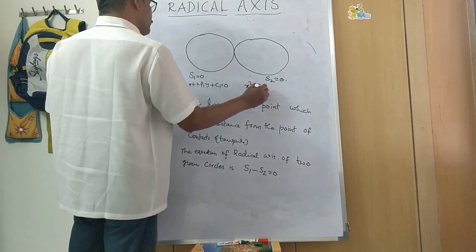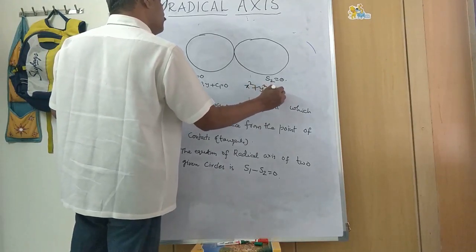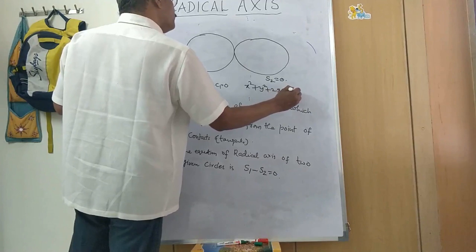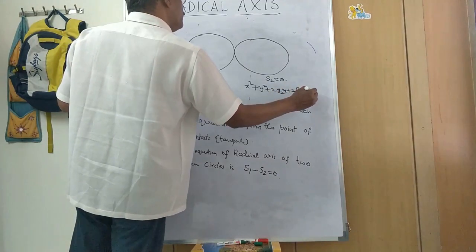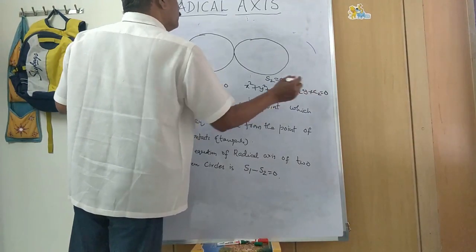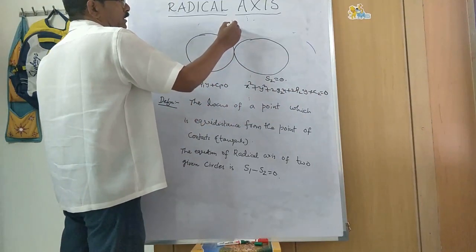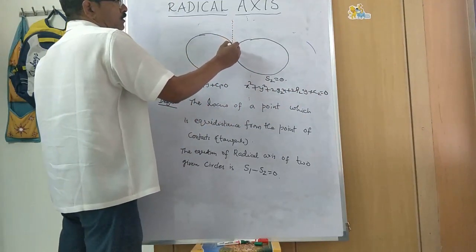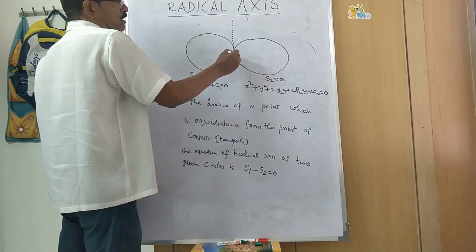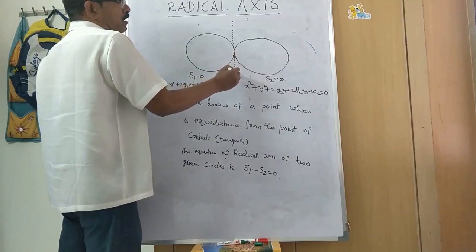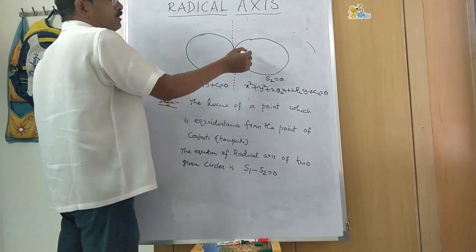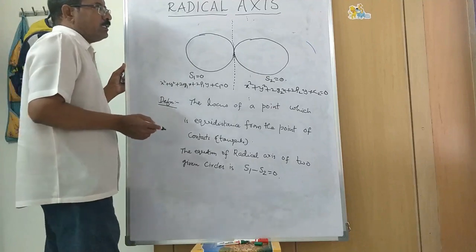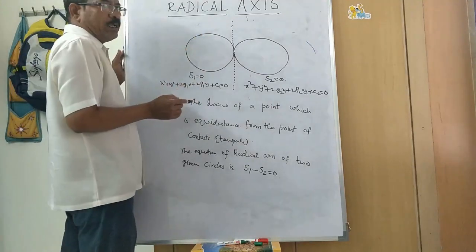And this one is x square plus y square plus 2g2x plus 2f2y plus c2 is equal to 0. Then the line which passes through the common point, the contact point of these two circles, is called the radical axis.